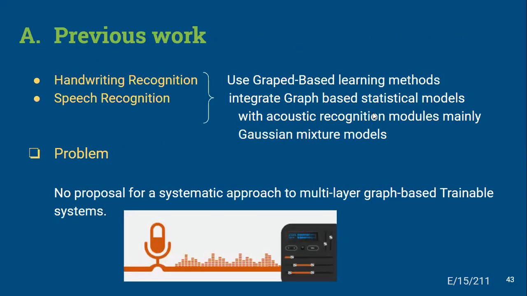Both speech recognition and handwriting recognition have used gradient-based learning methods that integrate graph-based statistical models with acoustic recognition modules, mainly Gaussian mixture models and also neural networks. But the problem is that there has been no proposal for a systematic approach to multi-layer graph-based trainable systems.